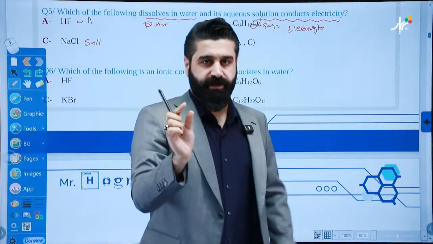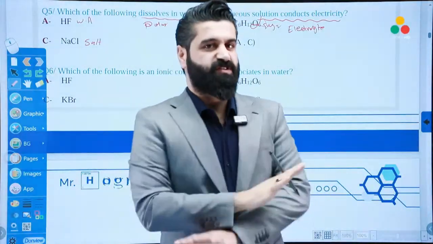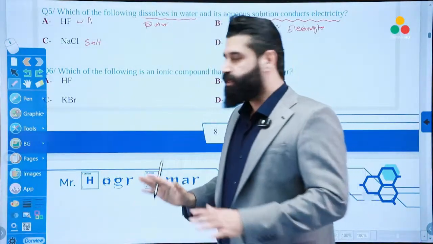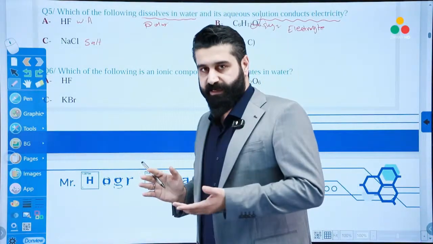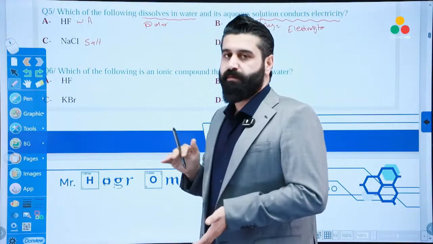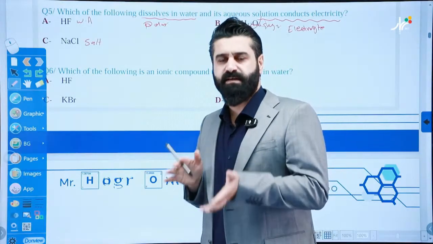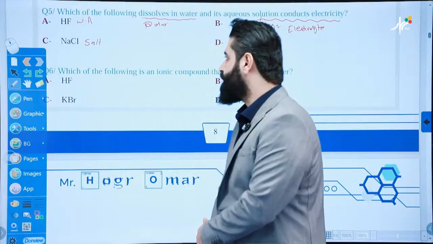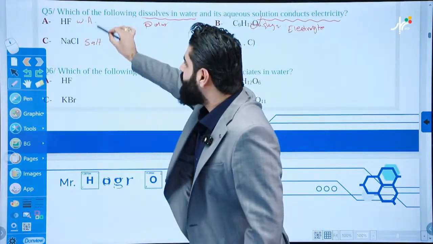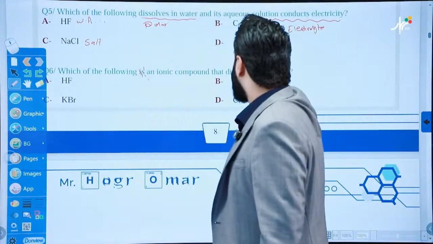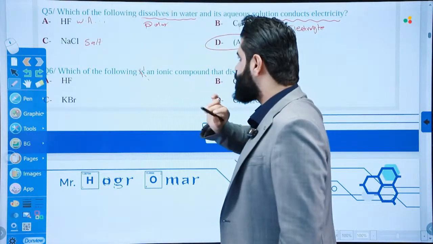There's a wonderful trick to identify the salts. Take your time. You will have enough time to memorize all the acids and the bases, then the ions, and then you will identify the salts very easily. Both are electrolytes, so the correct answer is D, right?